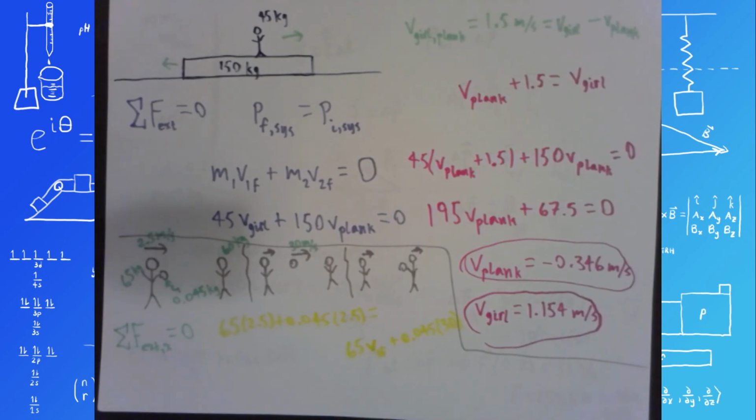Okay, easy enough, just solve for V1 final, so let's go ahead and multiply things out. I can factor out the 2.5 here and just do 2.5 times the sum in parentheses of 65 plus 0.045, so 65.045. They made that really easy for us.